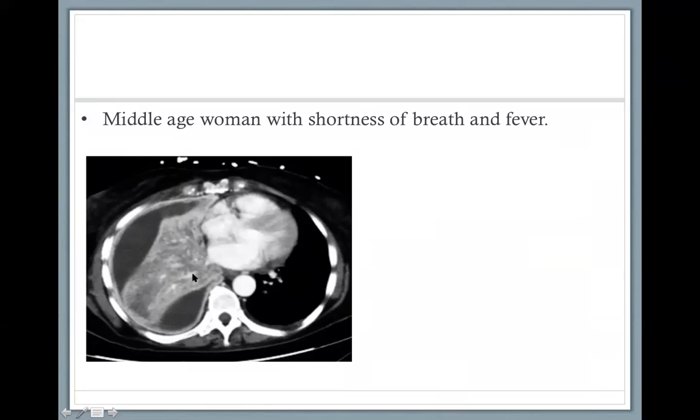So this is most likely pneumonia. And likely this patient has developed a complication of this pneumonia, which is empyema. So it's actually an infected pleural effusion. And I say this because the pleural lining is actually thickened.